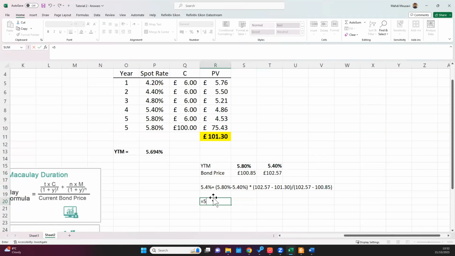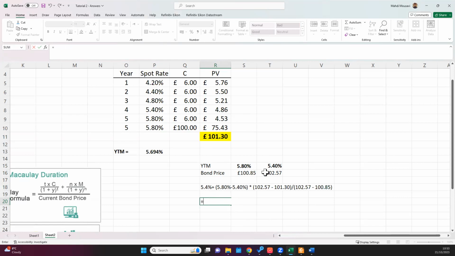So 5.40% plus the gap between these two, which was 5.80. I can simply put the cells instead, right?